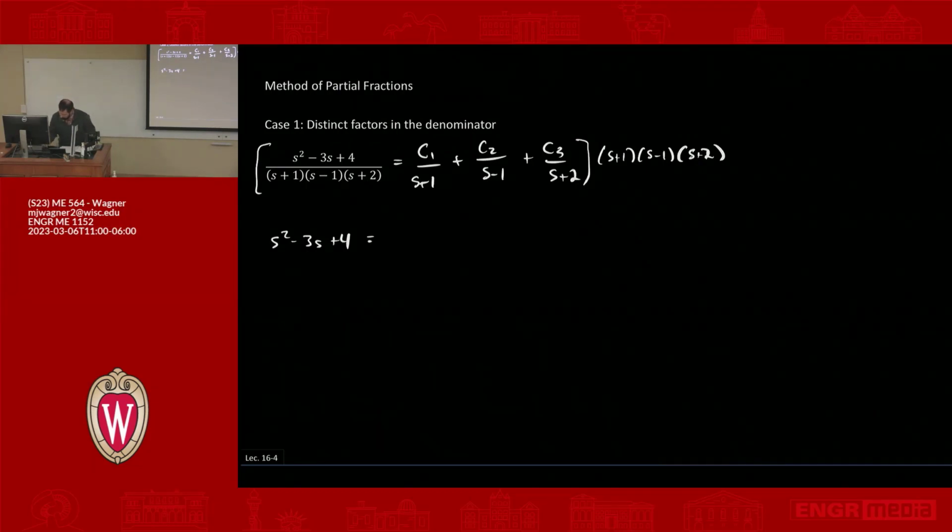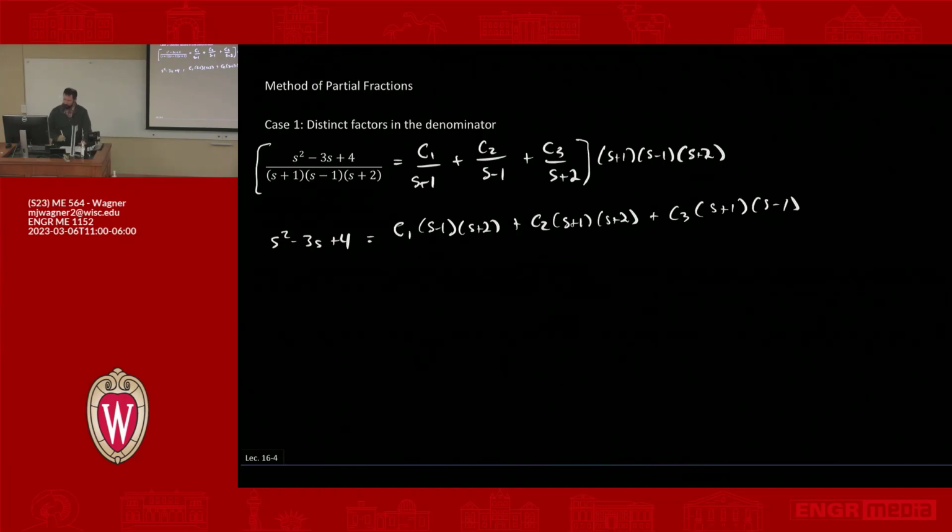And then on the right-hand side, we have c1 times s minus 1 times s plus 2, because the s plus 1 cancels out. Then I have c2 times s plus 1 times s plus 2. And then I have c3 times s plus 1 times s minus 1. So just algebra there.